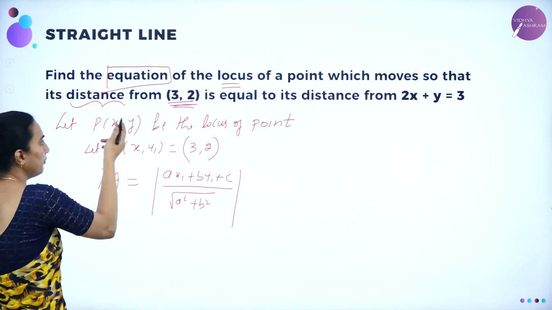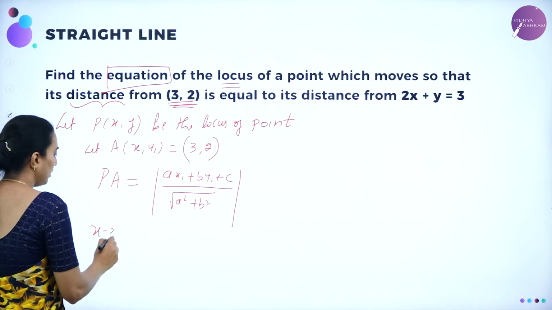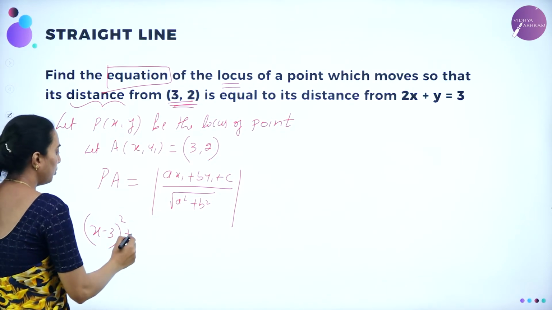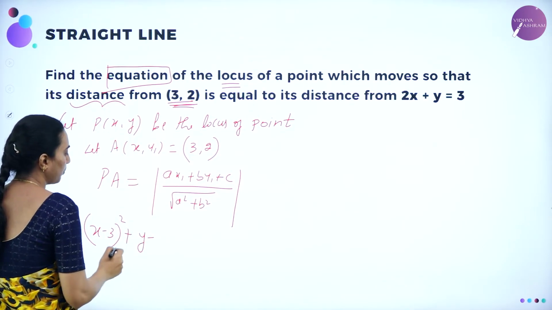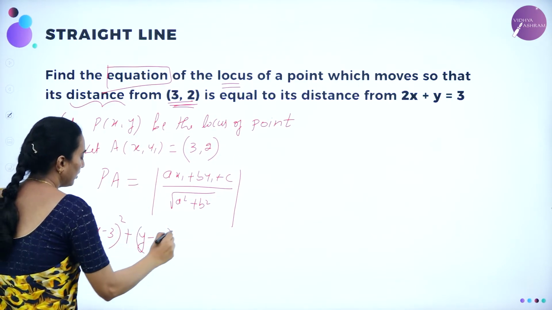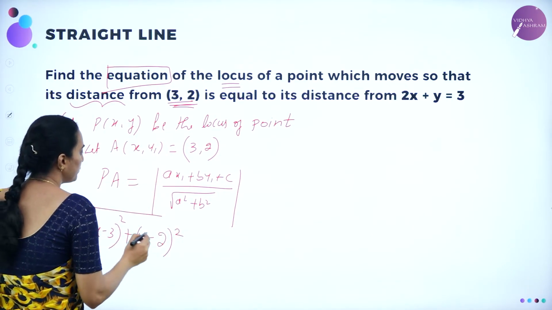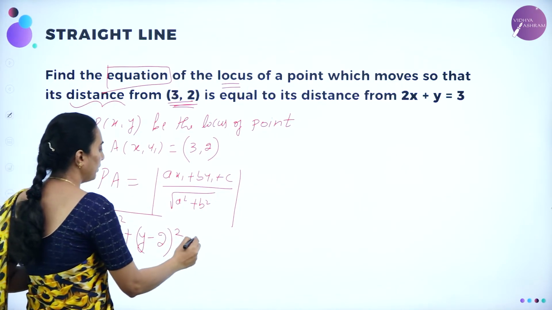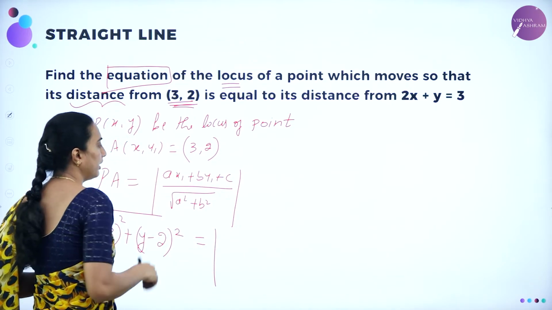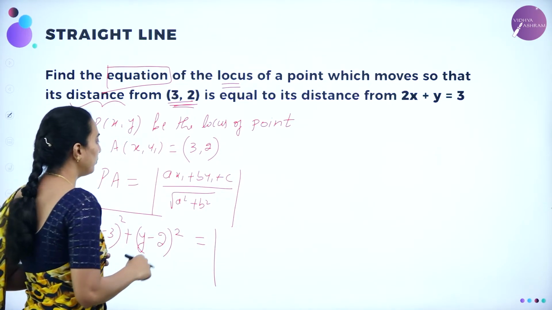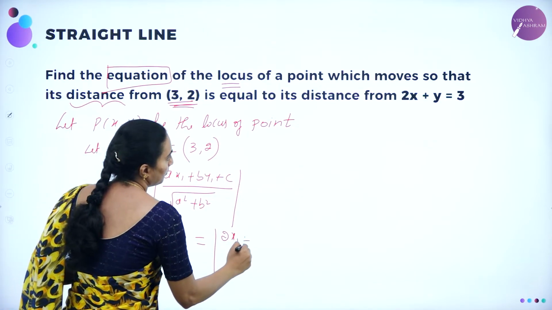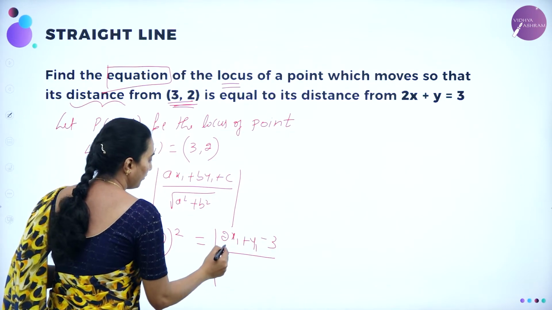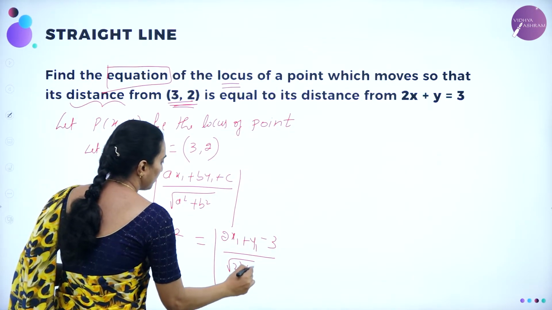So the distance between them I can equate: x minus 3 whole squared, which is x2 minus x1 whole squared, plus y minus 2 whole squared, which is y2 minus y1 whole squared, under the square root. Otherwise you can take it as PA squared, which will be equal to modulus of ax1 plus by1, which is 2x1 plus y1 minus 3, divided by square root of 2 squared plus 1 squared.